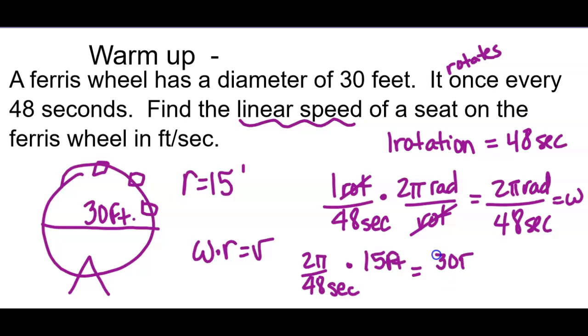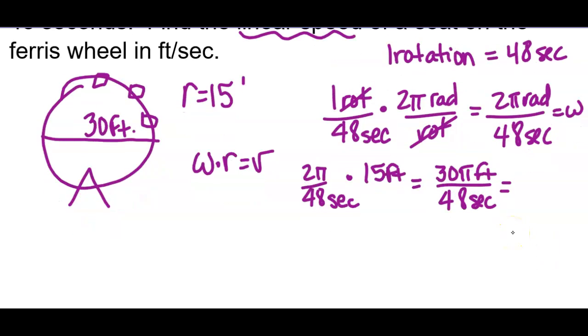So we have 30 pi feet per 48 seconds, or a linear speed of, and then we just type that in, 30 pi over 48 is almost 1.96, or about 2 feet per second. It's the speed at which it's rotating in feet per second.